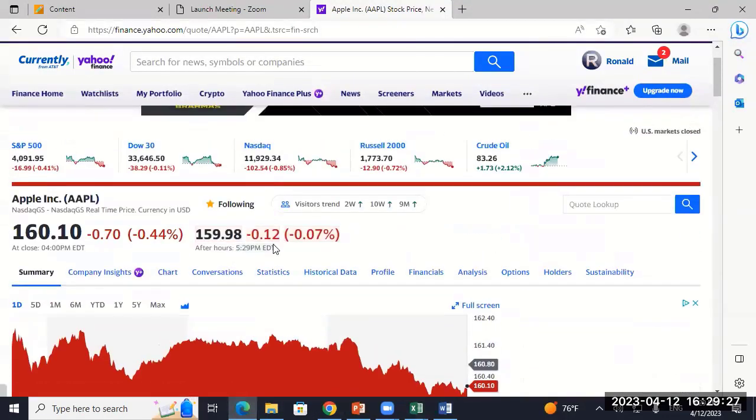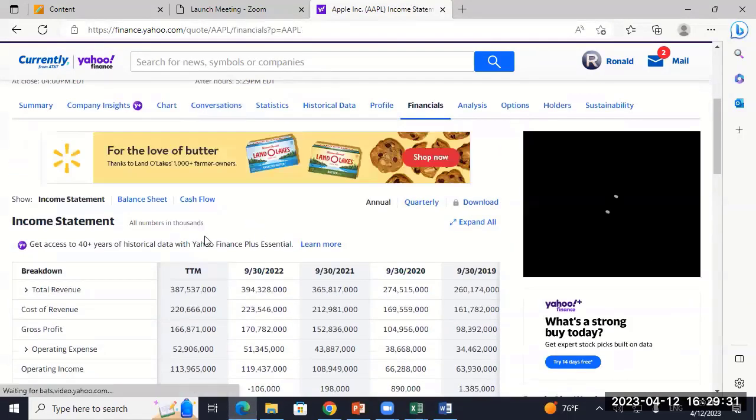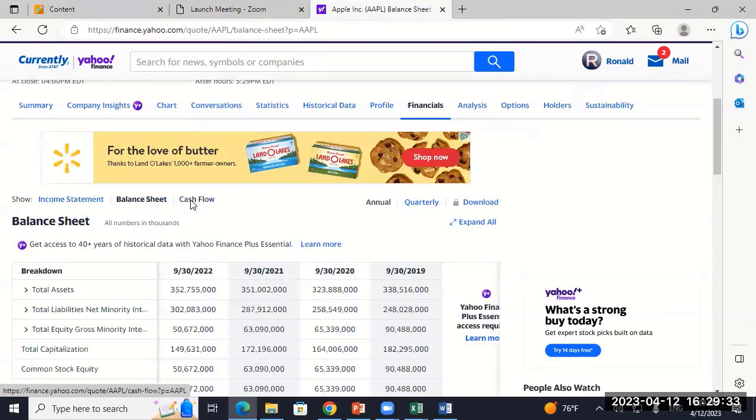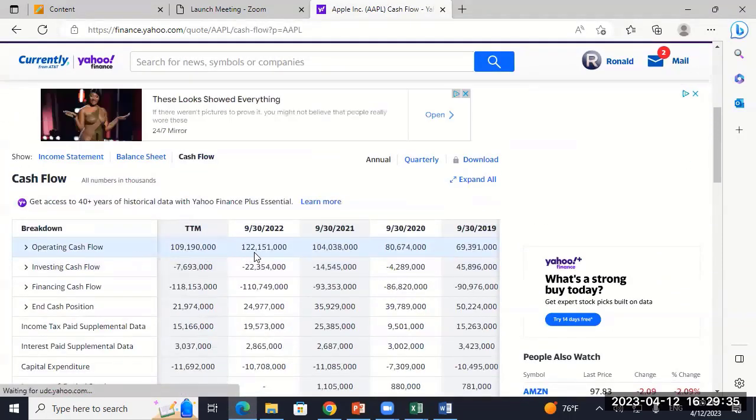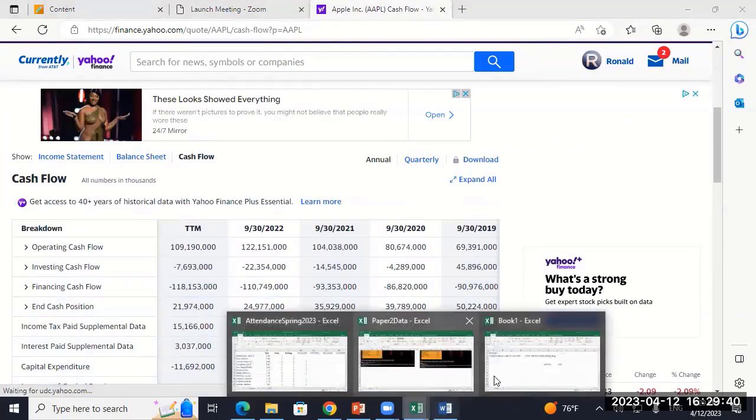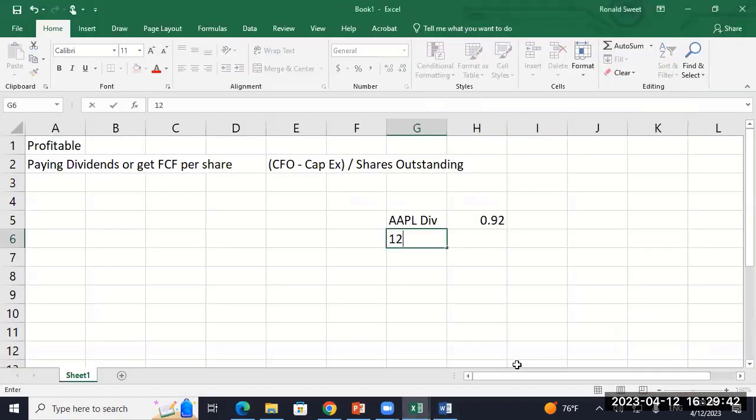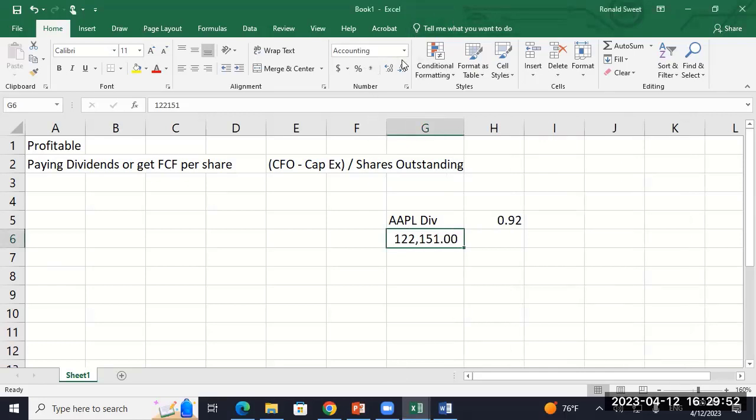But if we look at their free cash flow, their CFO is $122,151.